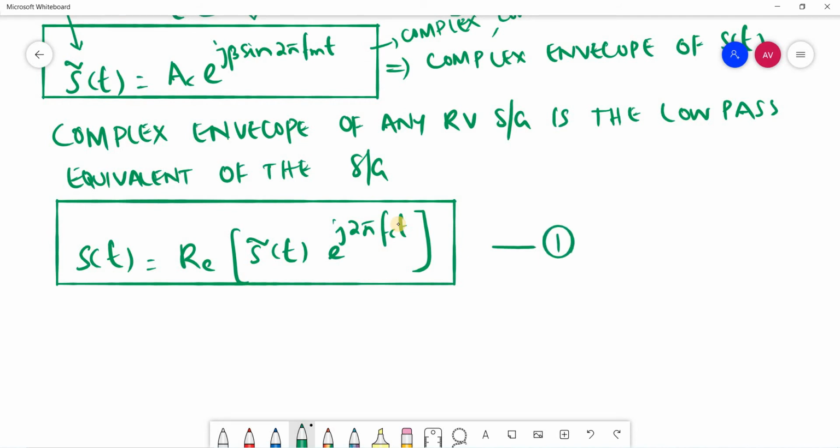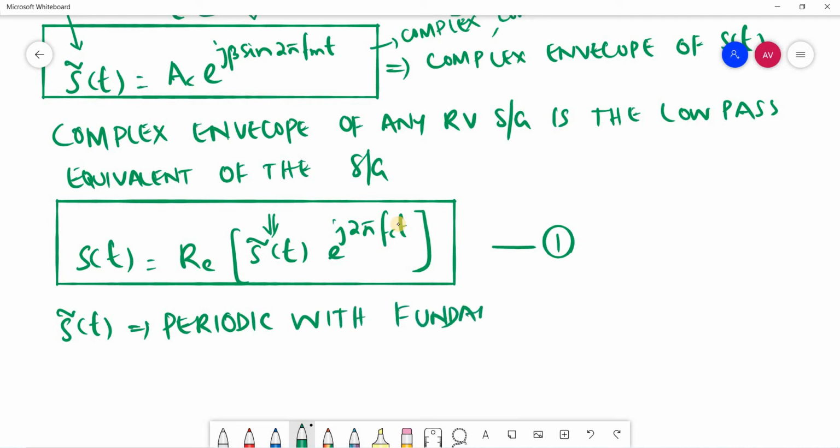From now on, we will consider this s tilde of t. As I mentioned, it is a complex, low pass and periodic signal, with fundamental frequency equal to Fm.